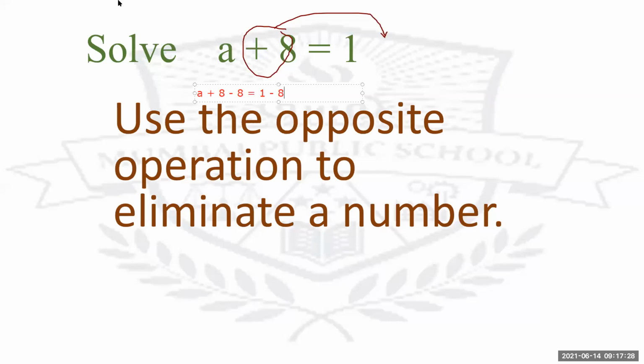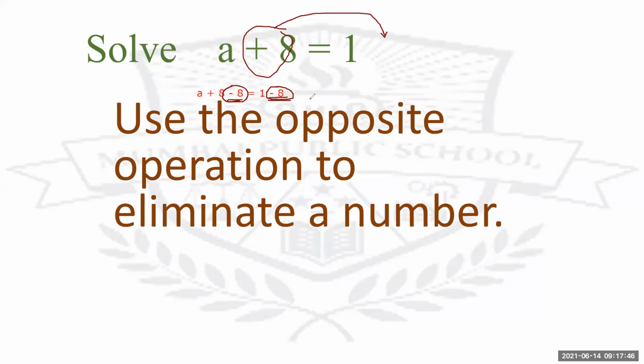What you have done is you have added minus 8 to both these sides. Whatever you are going to do, you have to do it on both these sides. Is this clear to all the students?